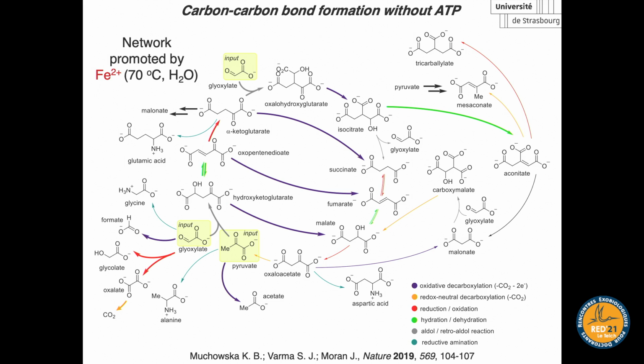Another thing that happens is that when you add hydroxylamine to this mixture, and iron, you obtain 4 amino acids directly from this network at the same time: glycine, alanine, aspartic acid, and glutamic acid. So this is also quite interesting from the prebiotic chemistry point of view, 4 amino acids.